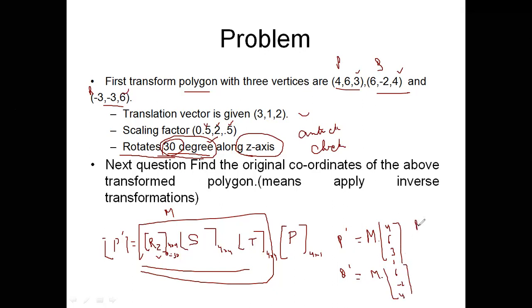Likewise r dash will be calculated, and the resultant matrix that you have multiplied here will be put in place of m, and you will write minus 3, minus 3, 6 and 1.